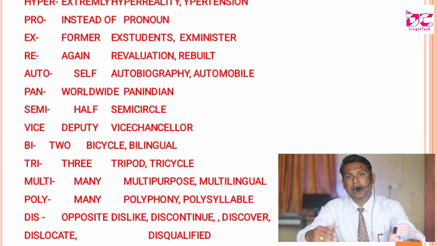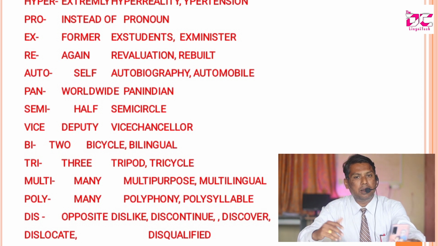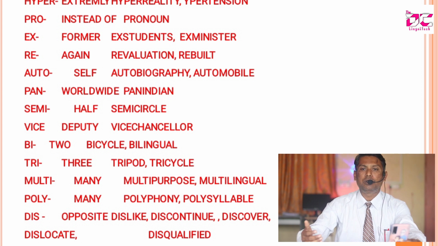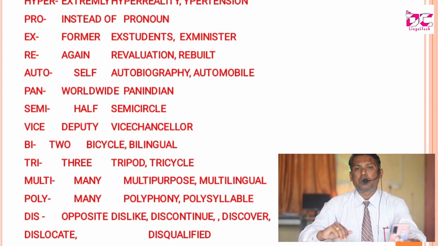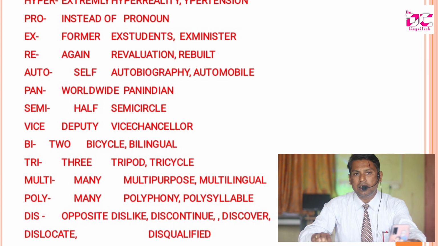Or let's say biannual, bi-monthly. When you say biannual, it can have two meanings. It's rather ambiguous. When I say biannual, it can mean twice in the year, or it can mean once in two years. Same with bi-monthly, bi-weekly.